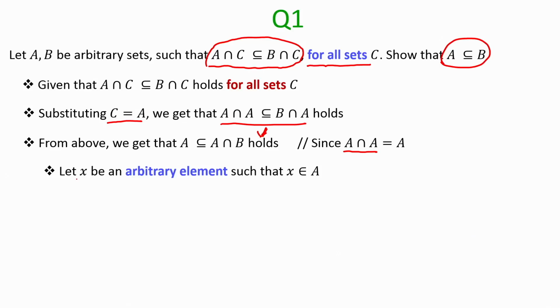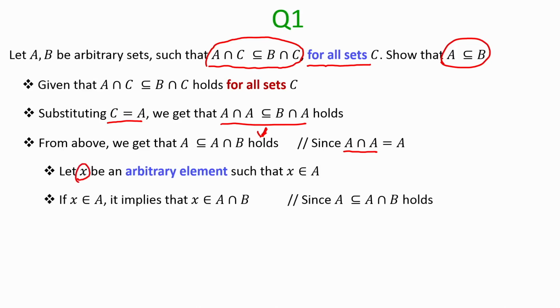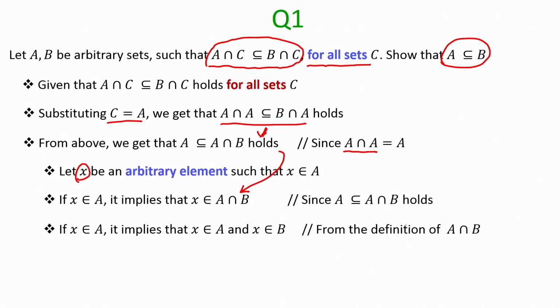So, I am taking an arbitrary element x and I am assuming it is present in the set A. And since I have established the premise that A is a subset of intersection of A and B, that means since the element x is present in A, the same element x will be present in the intersection of A and B as well. Now, as per the definition of intersection of A and B, it means the element x is present in A and simultaneously it is present in B as well. That means definitely it is present in B as well.